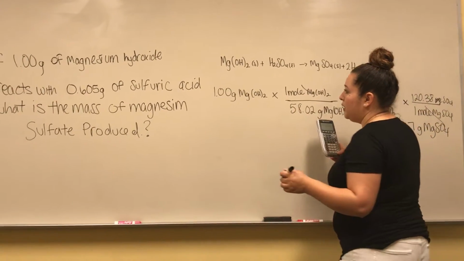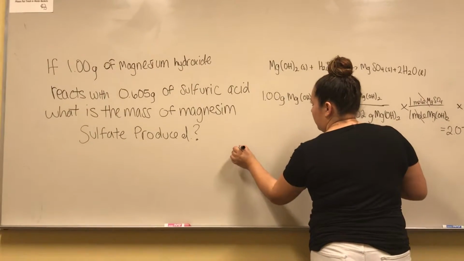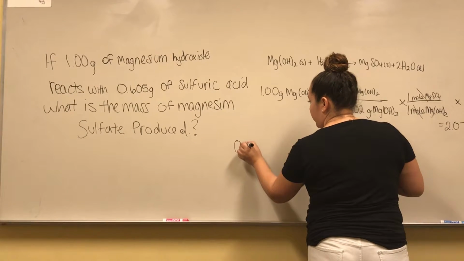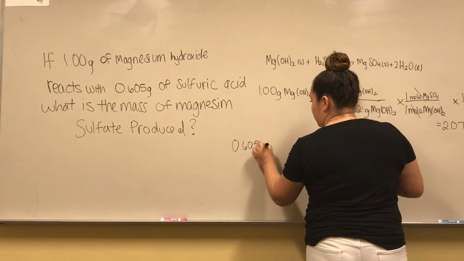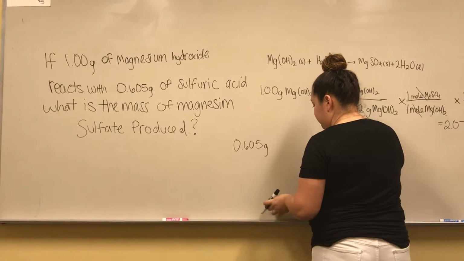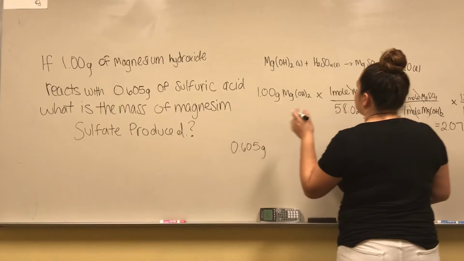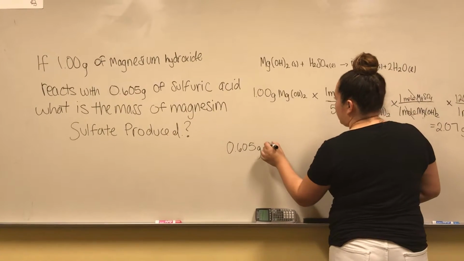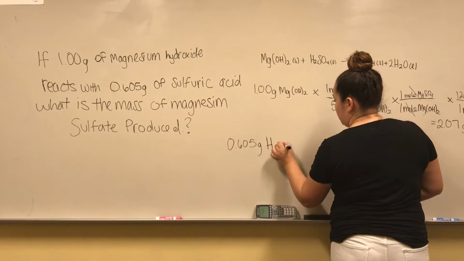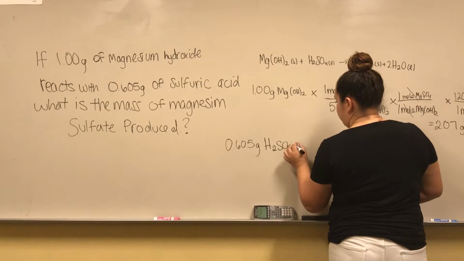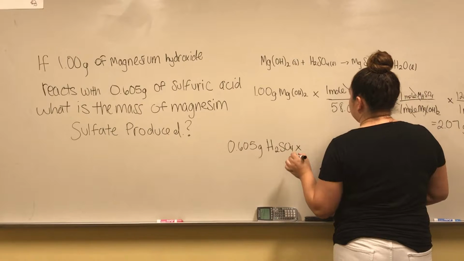Now for the second one, you will do almost the same thing, but it's 0.605 grams of sulfuric acid, so it's H2SO4 times.